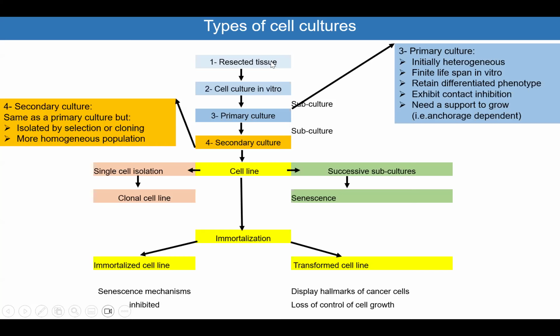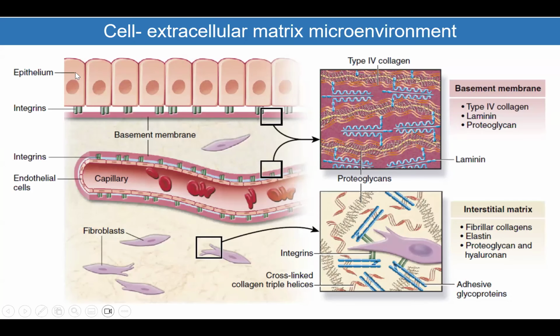Because when you resect a tissue, you have multiple cells there. So initially, this is a heterogeneous culture. There are many cell types: endothelial cells, fibroblasts, epithelial cells, and it has a finite lifespan. This means it cannot grow more than 3 or 4 times. And it retains a differentiated phenotype, because if you go back here, this cell and this cell are totally different.